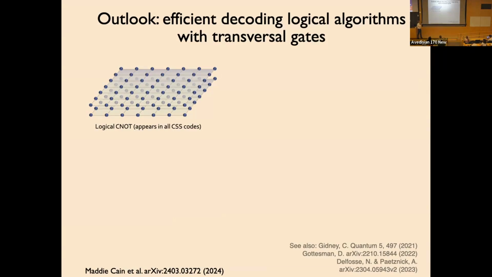If you do the logical CNOT, which can be done transversally in all CSS codes, in a large class of codes, then if you have, for example, an error on one of the logical qubits, it will propagate to another, but it will propagate locally. If this physical qubit had an error, this error will propagate to this specific physical qubit and nowhere else.